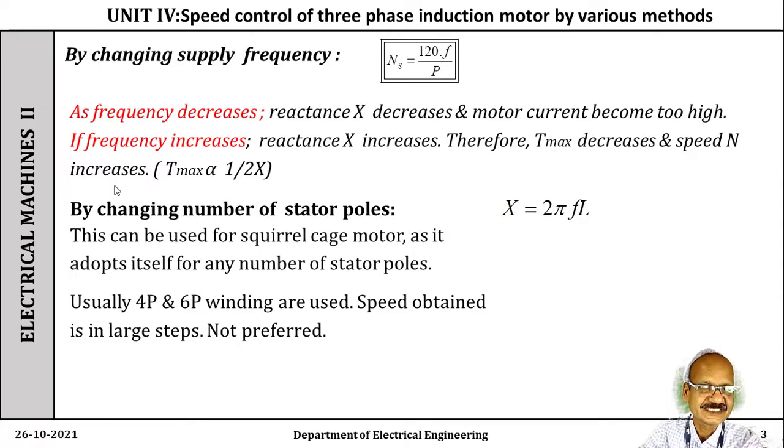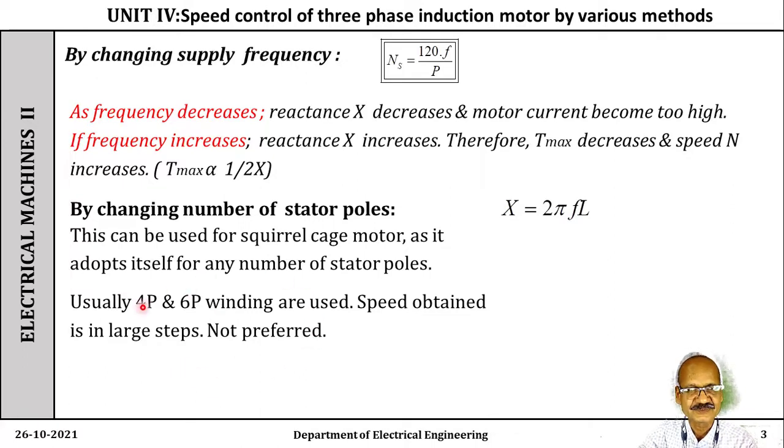Now the next method is by changing the number of stator poles. This method can be adopted only for a squirrel cage motor, because the squirrel cage rotor can easily adapt itself to any number of stator poles. Generally, the stator has 4-pole as well as 6-pole windings in the same stator slots.